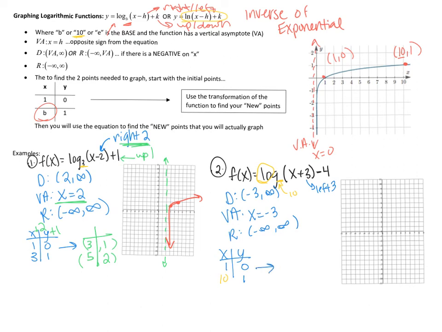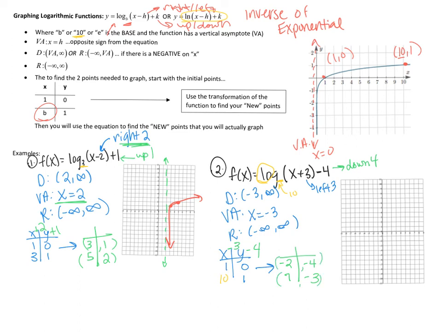We already know that we're moving to the left 3, but we're also going to be moving down 4. So if I'm moving to the left 3, I'm going to subtract 3 from all my x's. So I'm going to have negative 2, and then we're going to have 7. All right, if I move down 4, I'm going to subtract 4 from my y, so I'm going to have negative 4, negative 3.